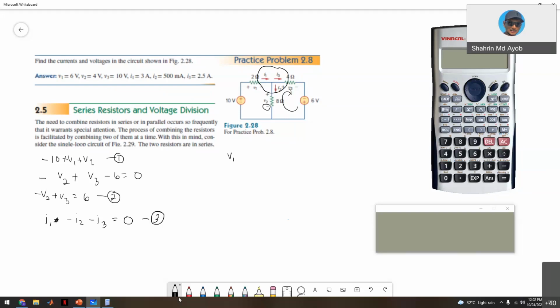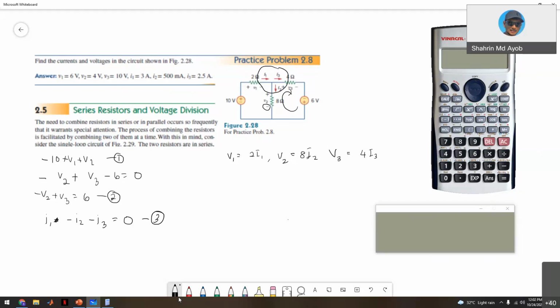But we know that V1 is 2I1, V2 is 8I2, and V3 is 4I3.